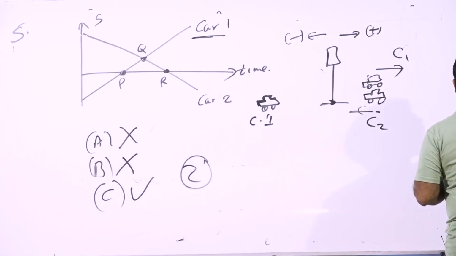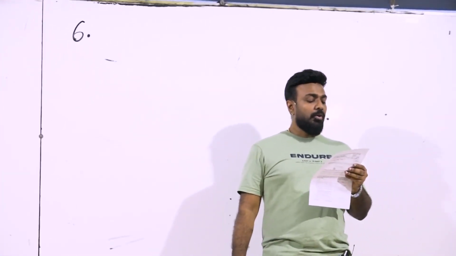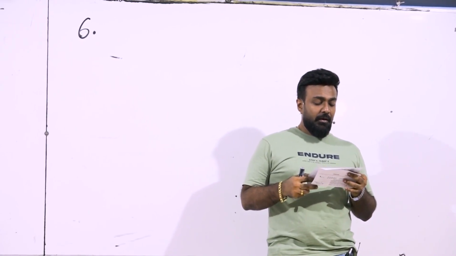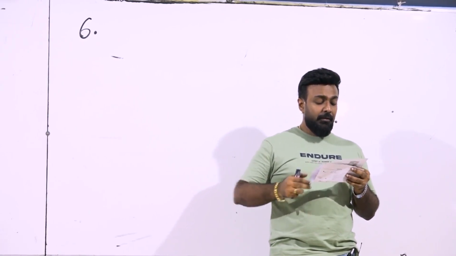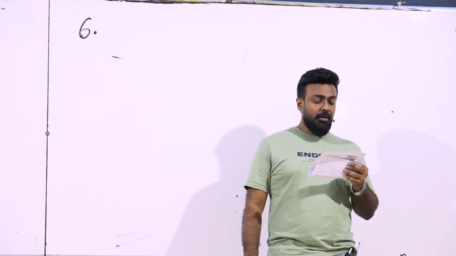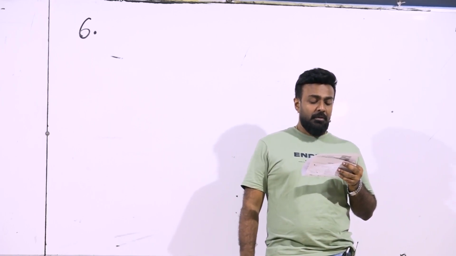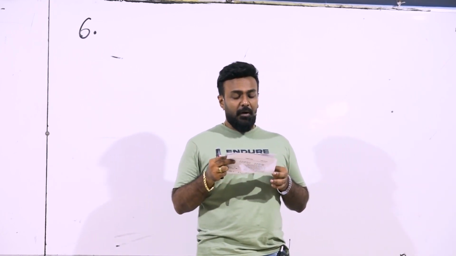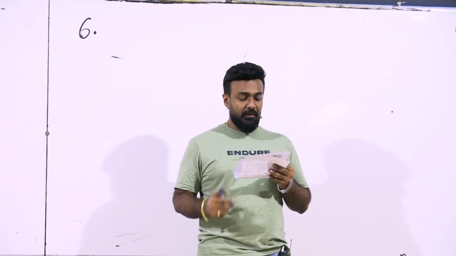Now question number 6. A small object is placed inside a right circular cone with axis vertical and vertex down as shown in the figure.